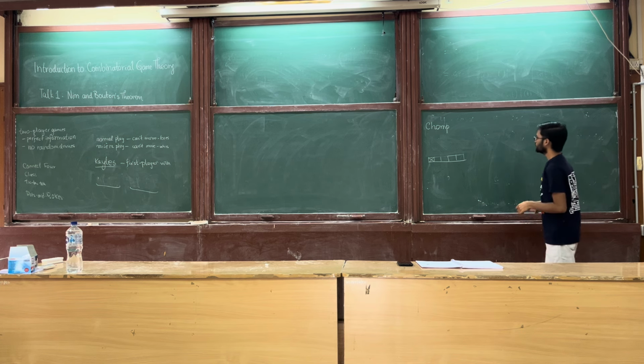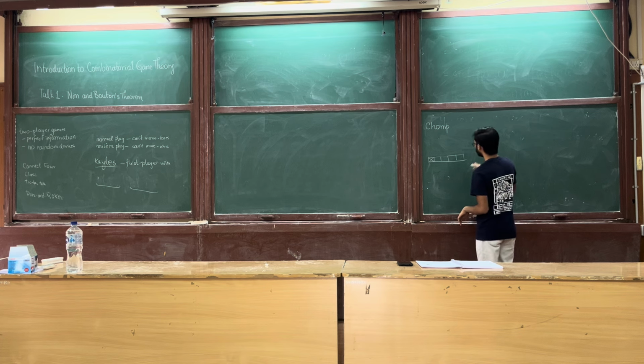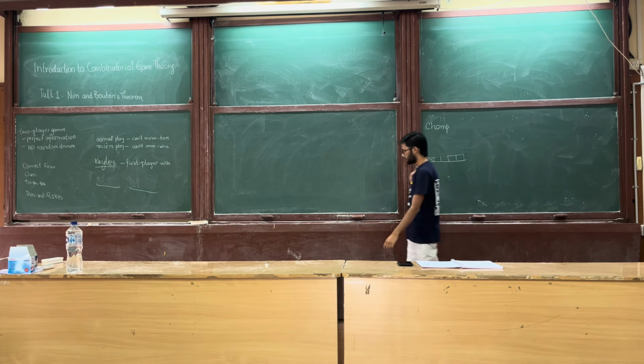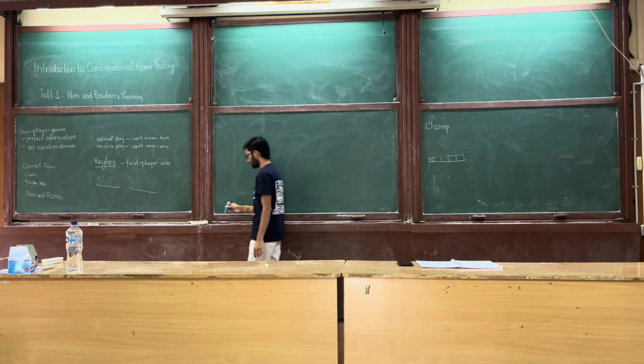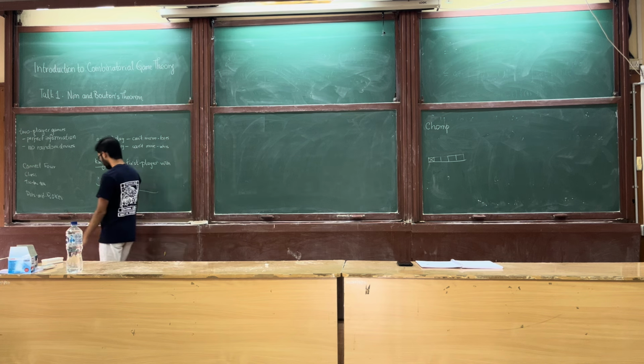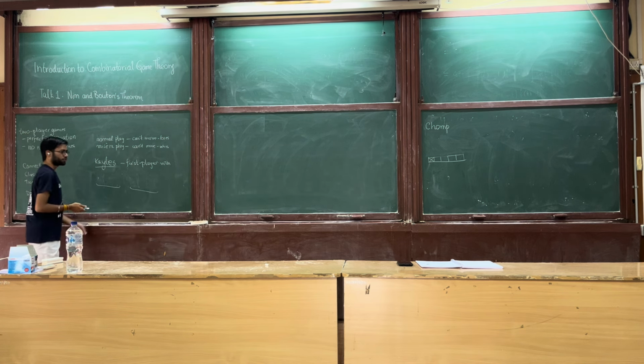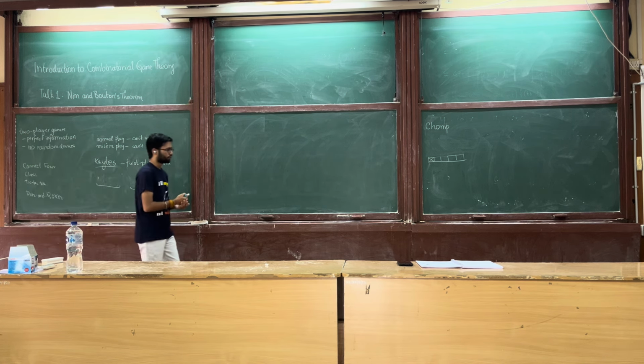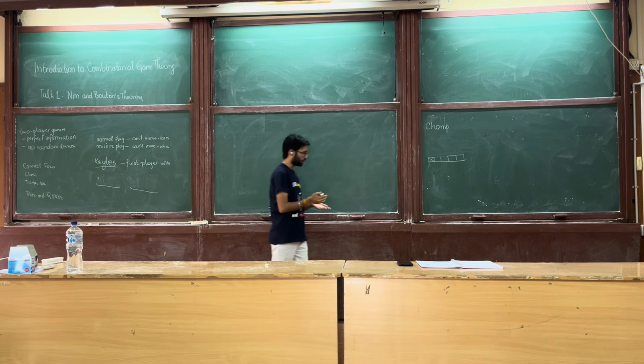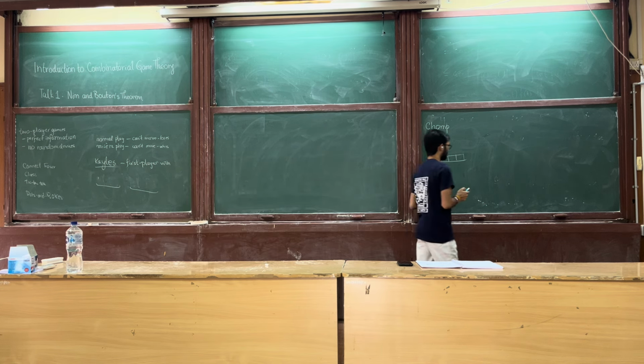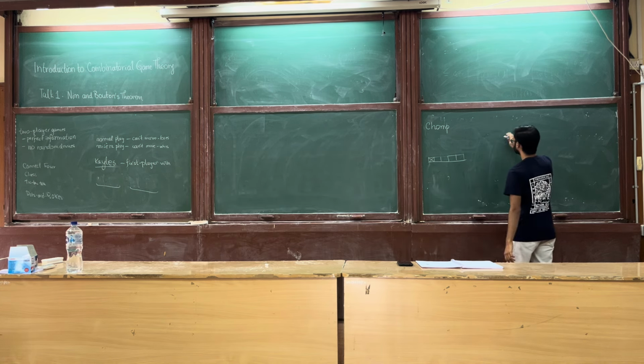This is one example of a game I mentioned earlier: there are games for which we know who has a winning strategy, but we don't know what the winning strategy is. So let me write down this theorem.